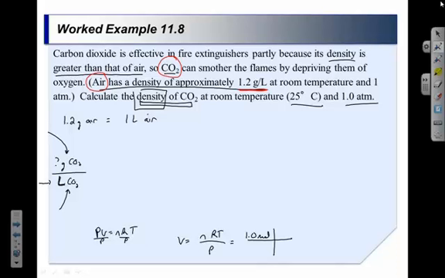So I'll multiply the moles by the value for R. Multiply by the temperature in Kelvin. Divided by the pressure. And that will tell me my volume if I had 1 mole under these conditions.